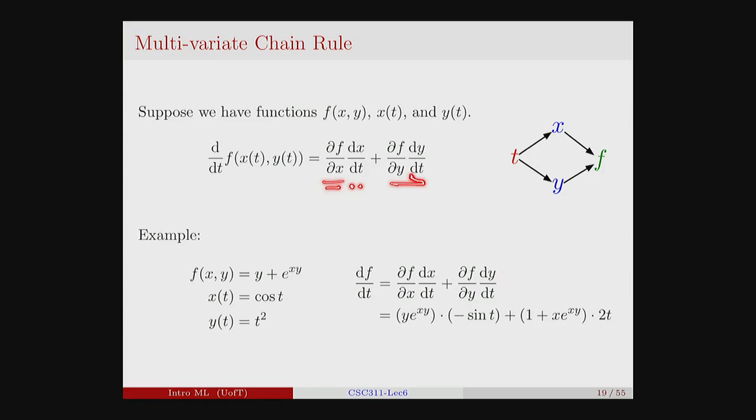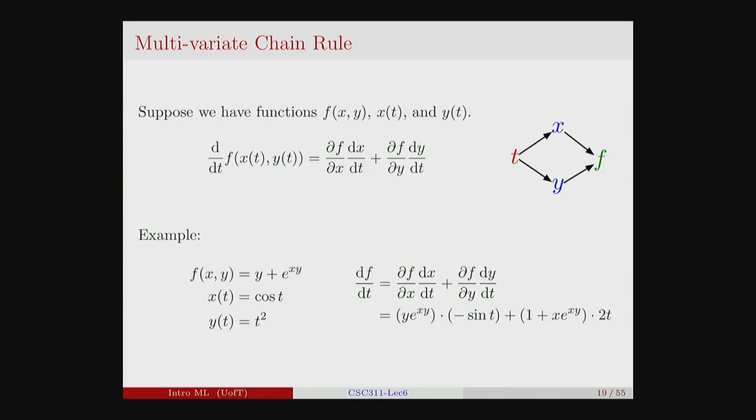So it's a summation over the gradient of f with respect to x multiplied by how x changes with respect to t, plus the derivative of f with respect to y multiplied by how y changes with respect to t. And this should just be review from calculus, a straightforward application of the multivariate chain rule, although you may not have seen it in the context of what it looks like when you draw it out as a graph.